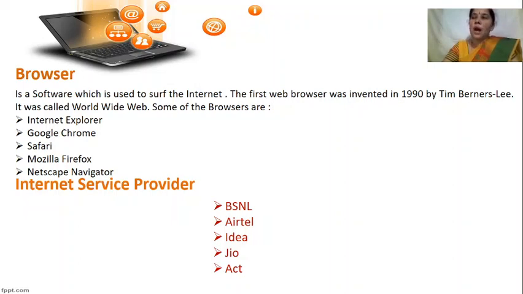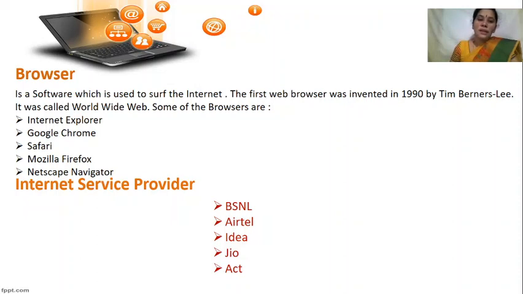Then the next one is the Internet Service Provider. As we discussed earlier in the LAN network, there are some internet service providers: BSNL, Airtel, Idea, Jio and Act. All these are the internet service providers through which we get internet.